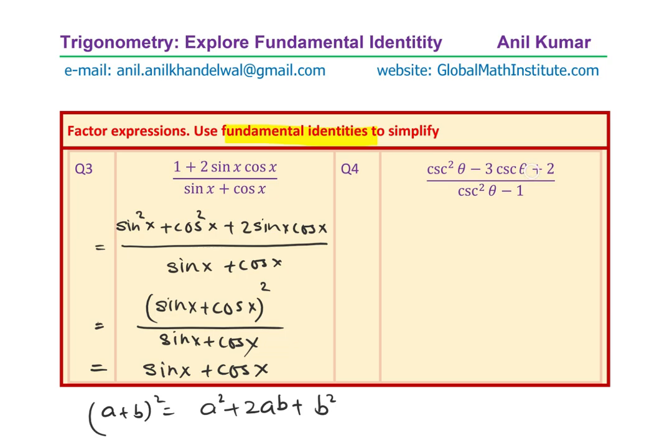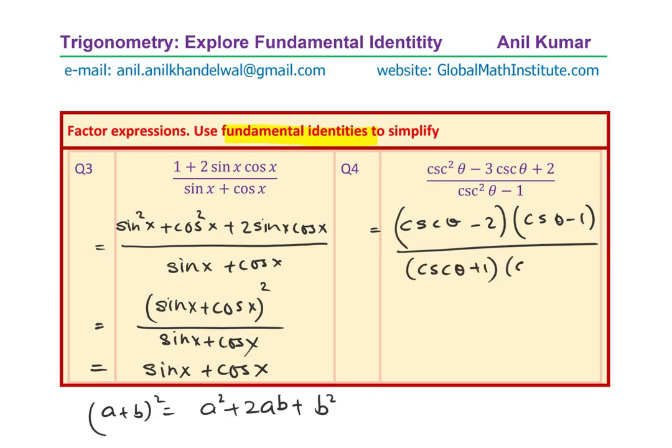The next one here, you need to have a product of 2 and sum of minus 3. So 2 times 1 can work for you. So you can write the numerator as cosecant square theta, and since you know how to factor, we got the two numbers, which are minus 2 and minus 1. We will write this as cosecant theta minus 2 times cosecant theta minus 1, divided by cosecant square theta minus 1, which can be written as cosecant theta plus 1 times cosecant theta minus 1.